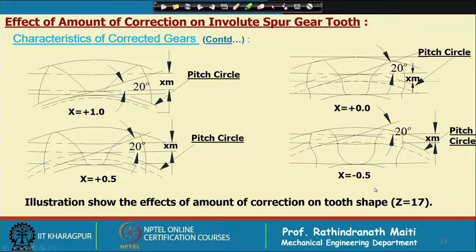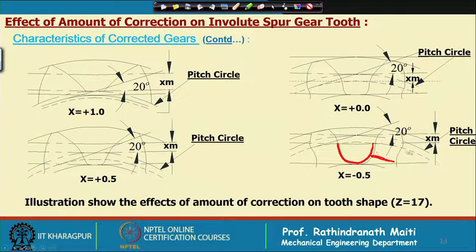However, if it is given minus 0.5, then as you see the root has become undercut, this is undercut, so this is undercut, and as you see this portion is not useful, also the root has become very weak.